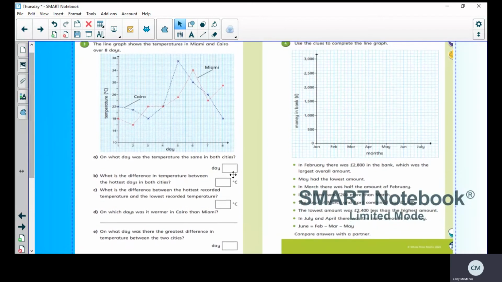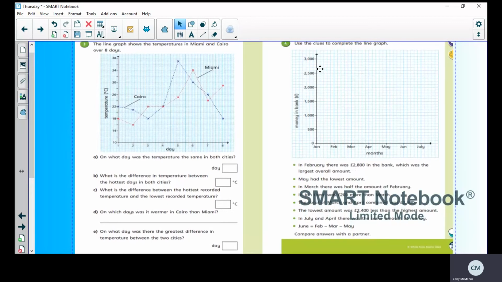If you can't do this, don't worry, because you might not have the paper, but if you can, it's got money in the bank and the months. In February, there was 2,800 in the bank, which was the largest overall amount. So you need to get February and find where 2,800 would be. Now these are going up in 500s: 500, 1,000, 1,500, 2,000, 2,500.